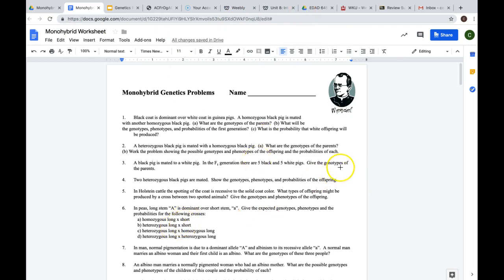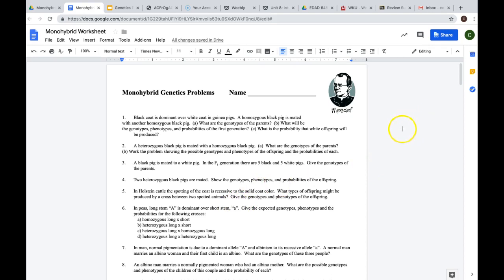Okay, heterozygous long and short. So we would have big A, little a, big A, okay, wait, hang on. So we have heterozygous long times a short. Okay, so if it's short, it has to be little a, little a.